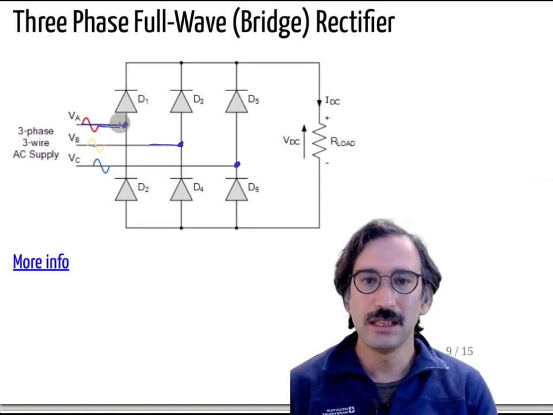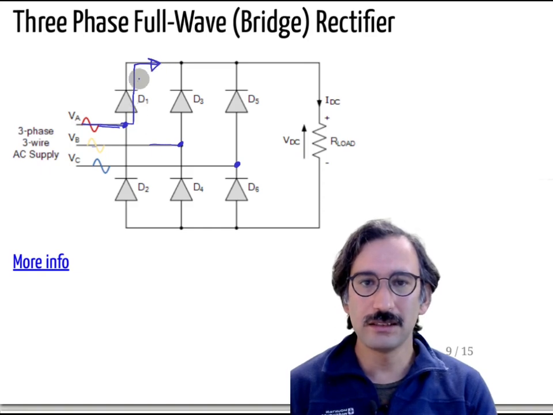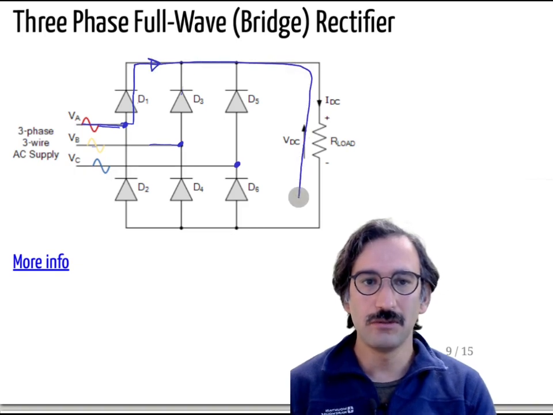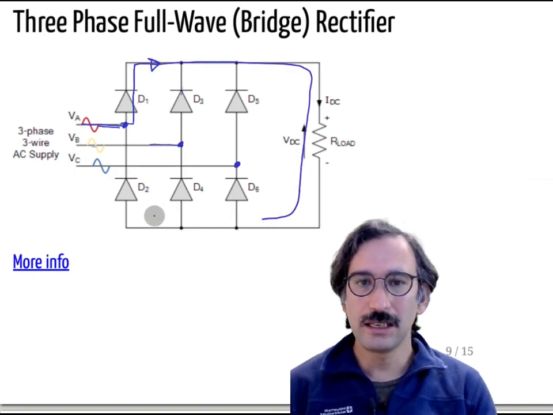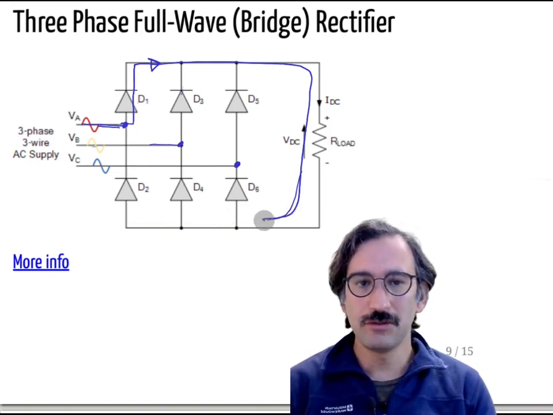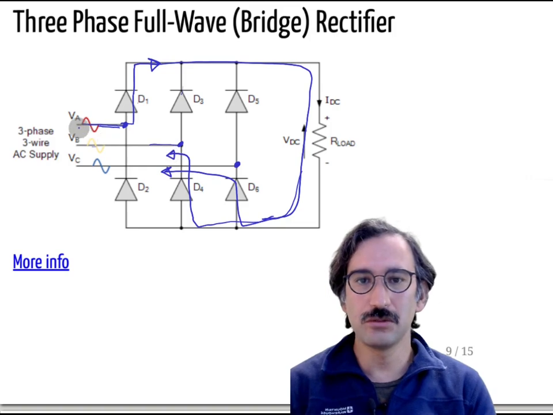For example, D1 can start conducting like that, and the current cannot go in that direction, so it has to flow through here, and it cannot come back from D2, it will be a closed circuit. So the first one can go either from phase B or from phase C.